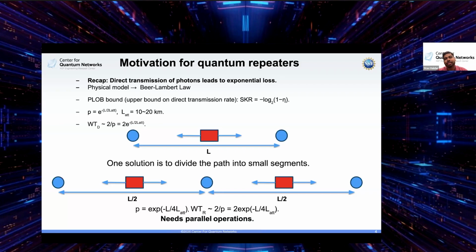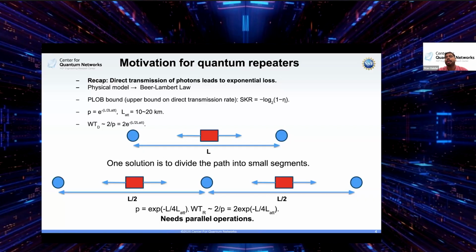This, in technical terms, is also sometimes represented by this very famous PLOB bound, which tells you what is the maximum secret key rate, which is a figure of merit for how good your quantum communication is, how much quantum communication can you do through the channel, what is the upper bound that you can have on that if you have a transmissivity of eta. And the transmissivity is simply the probability that you will reach from A to B when you are going through a channel.